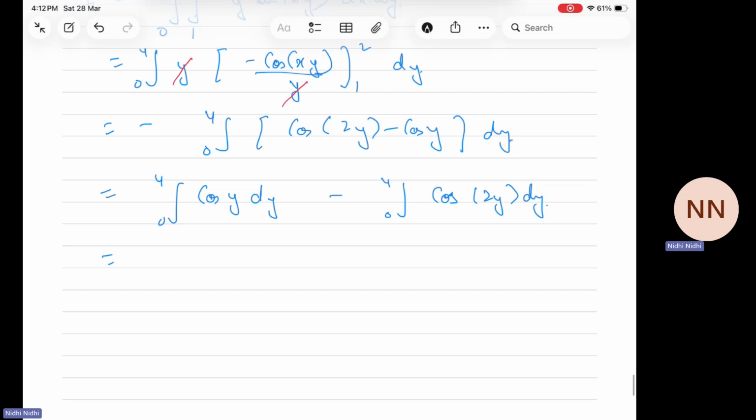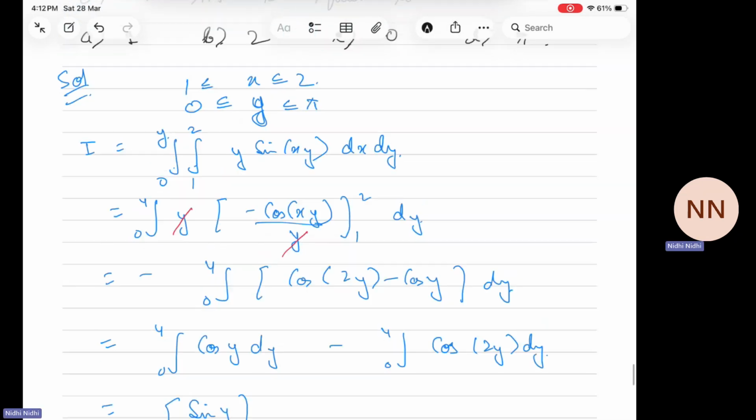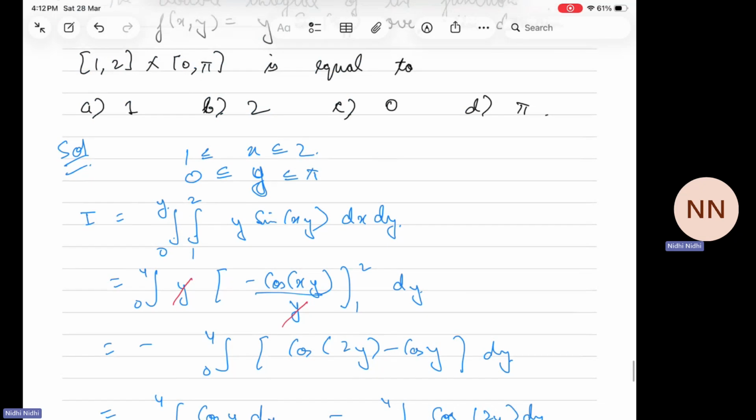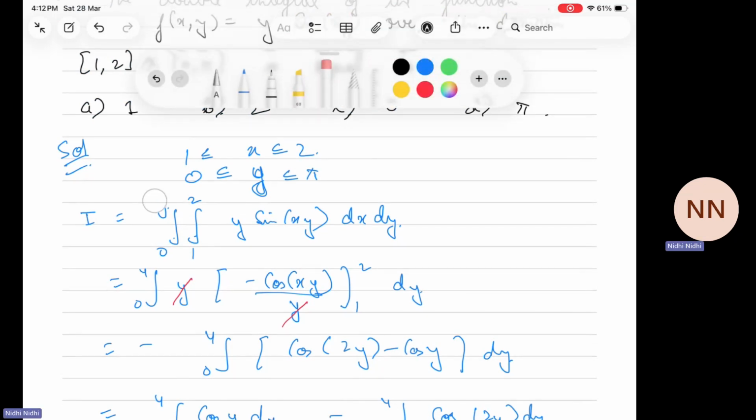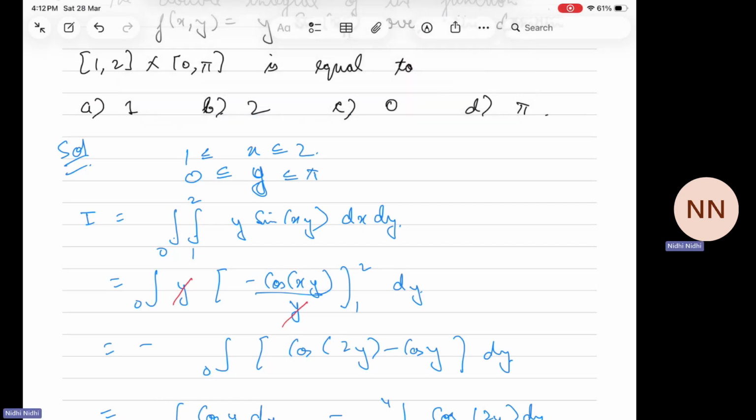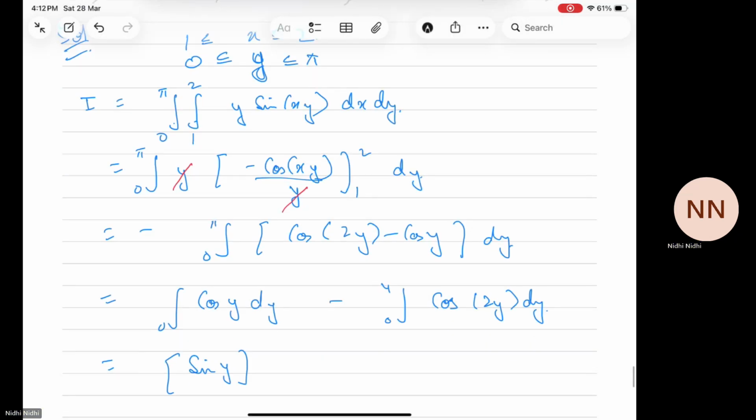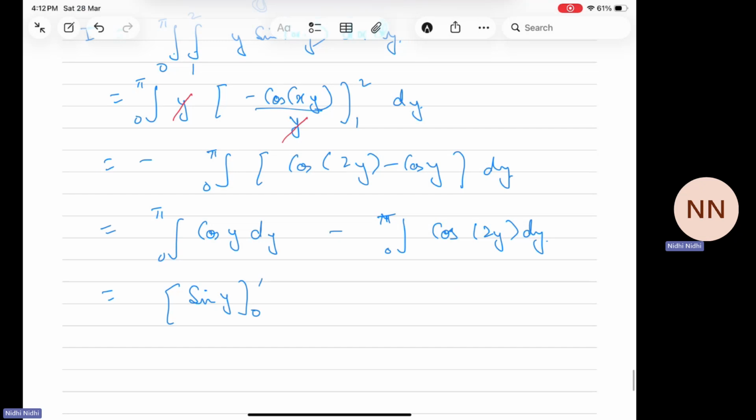Sorry, this is not 4, this was pi. Since the integral of cos is sine, this is sine y from 0 to pi minus sine 2y upon 2 from 0 to pi.